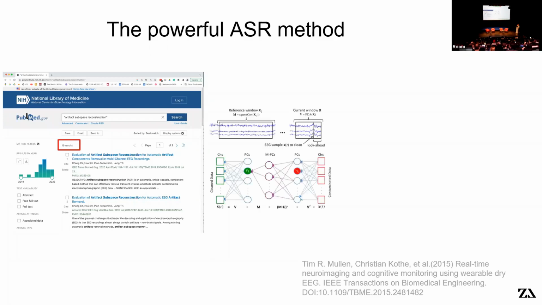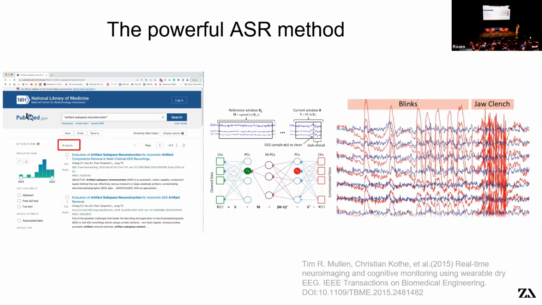That is basically computing PCA on windows of data and comparing it to some reference clean data that is selected during the cleaning process. It basically subtracts that activity from the EEG, and you can use it either to remove those bursts, or to reject those portions of the data.